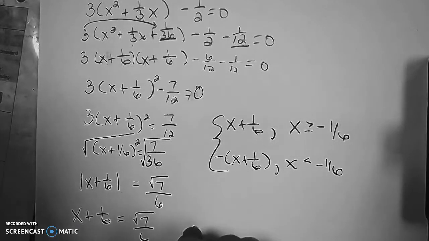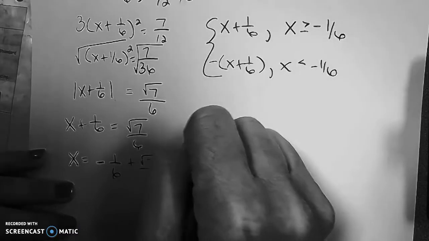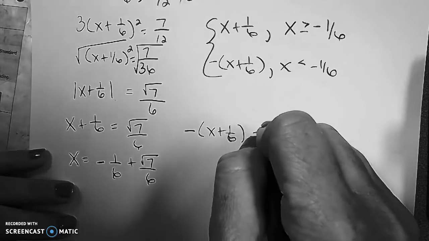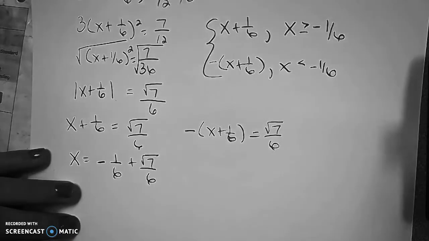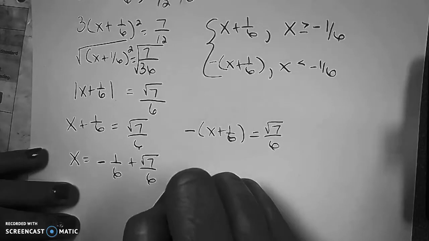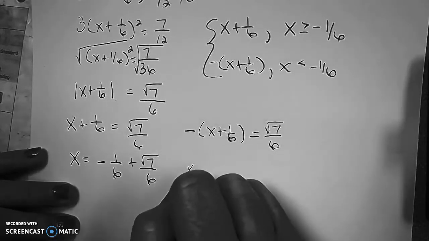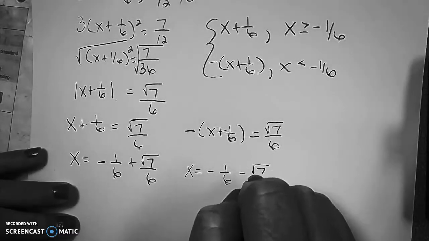My other equation, I'll use the opposite of x plus 1/6, and that's going to be equal to root 7/6 as well. Now, I actually can skip a couple steps here. If I know that the solutions are conjugates of each other, and I have negative 1/6 plus root 7/6, my other solution would be negative 1/6 minus root 7/6.